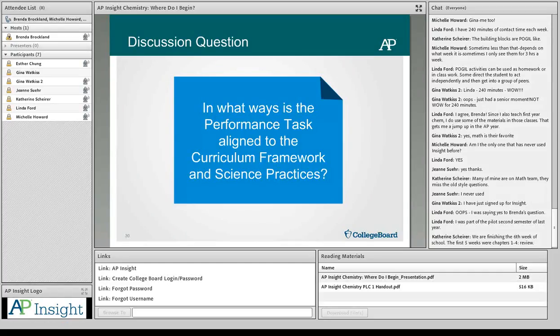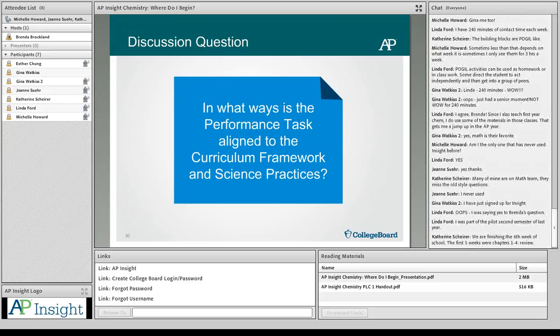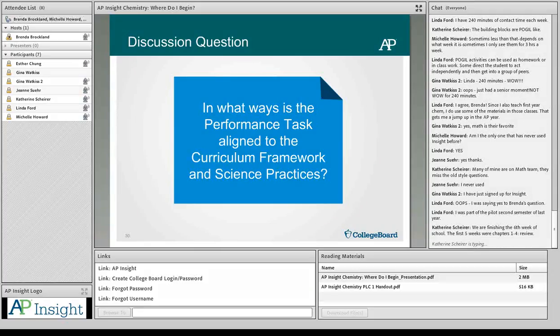I'm one of those people who, if I wanted a particle view, would have been sitting at the computer drawing pictures for hours. So I do really love that. I love the science practices that they built in, the students' ability to show off their skills. So by all means, this is a great way to figure out a lesson, especially if there's a lesson that you think is not working as well, or you just want to try something different. I would say to try one of these performance tasks.